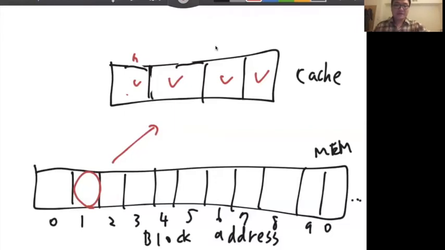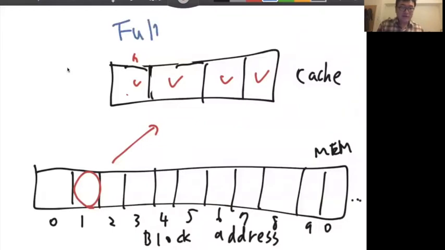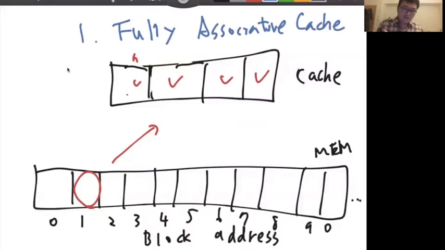This model is called a fully associative cache. This is the first model we have. Fully associative. Every single spot you can just go in.